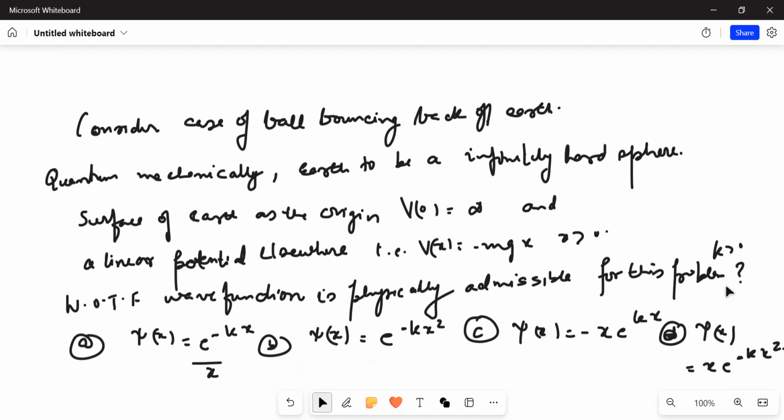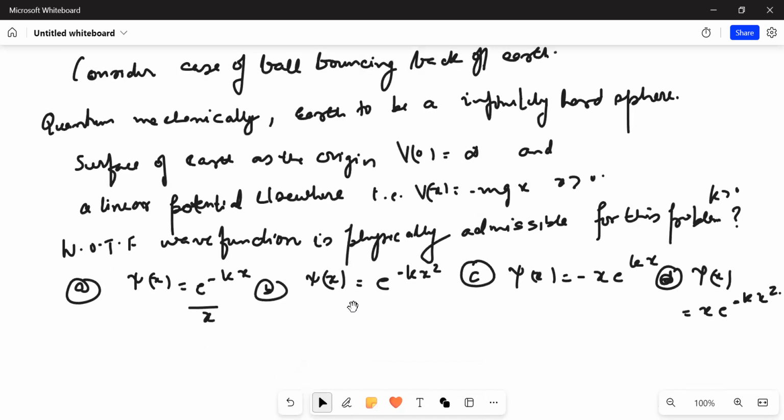Which of the following options do you really think is going to reflect this problem and will give you a wave function which is physically acceptable according to this problem?